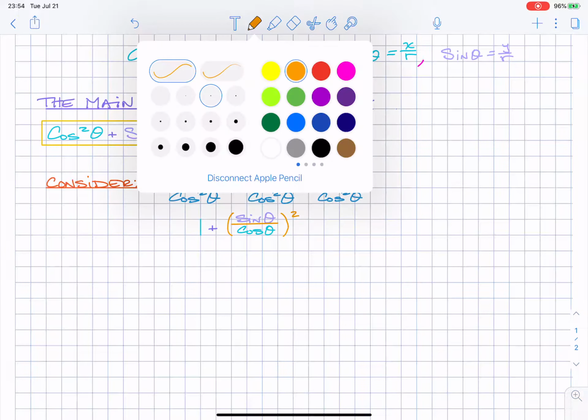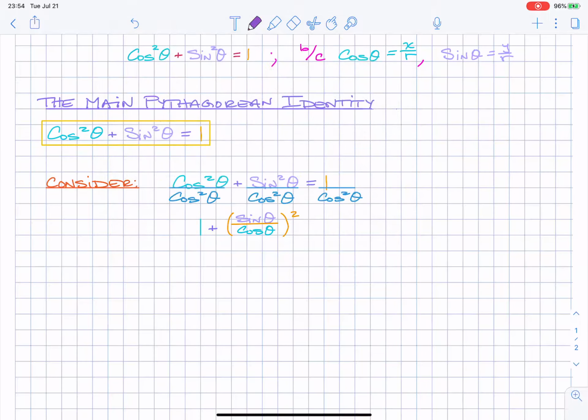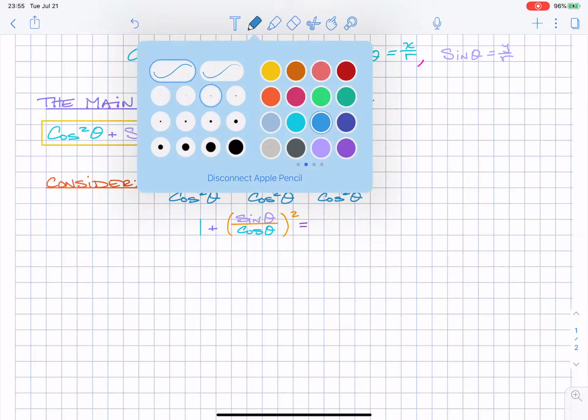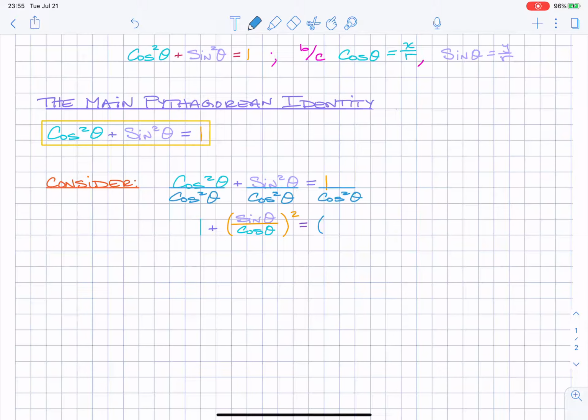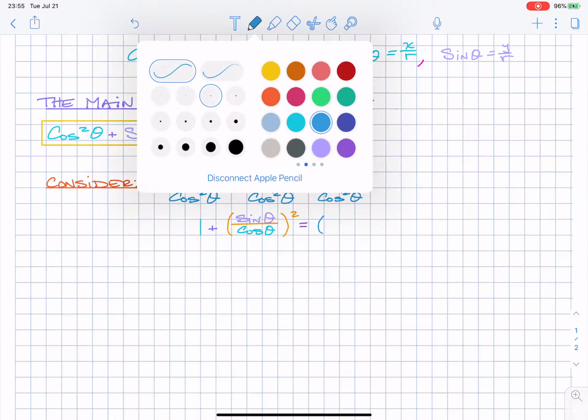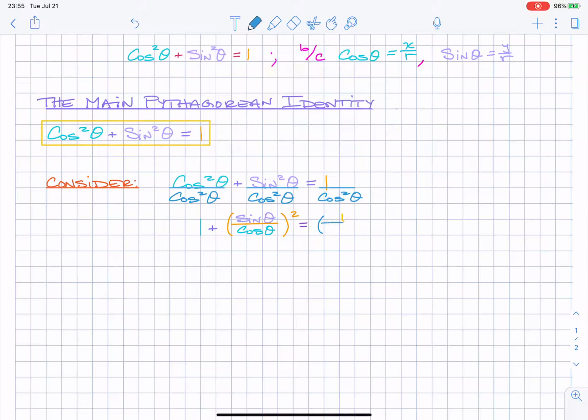That's interesting. We'll have to think about that. What do I always write first? I always write sine first, and then I write cosine so that we can calculate something. And what is that something? So this as well can be written as 1 over cosine of theta, quantity squared.